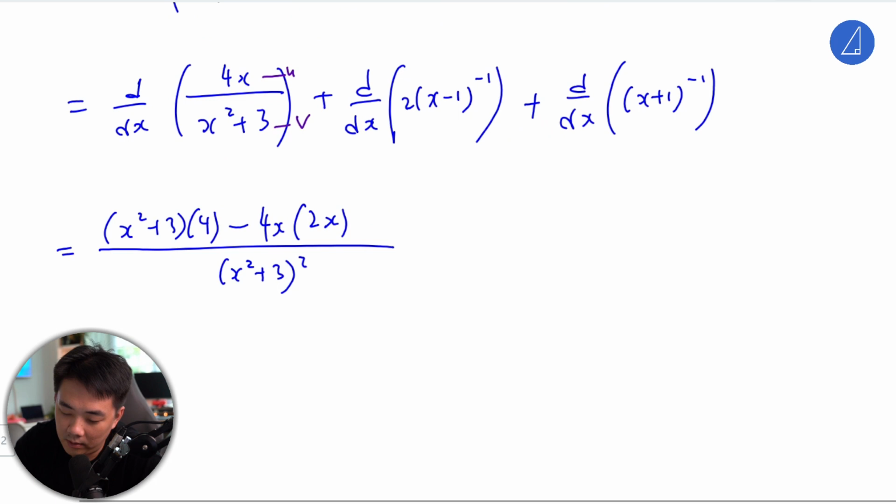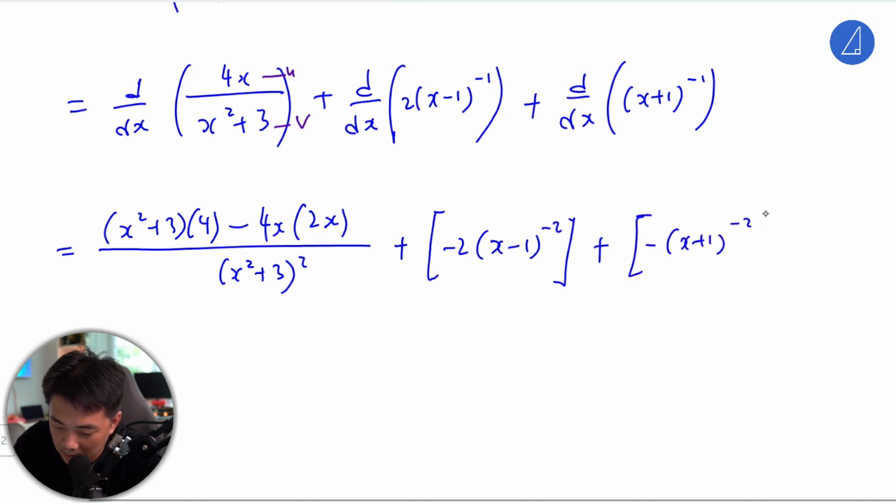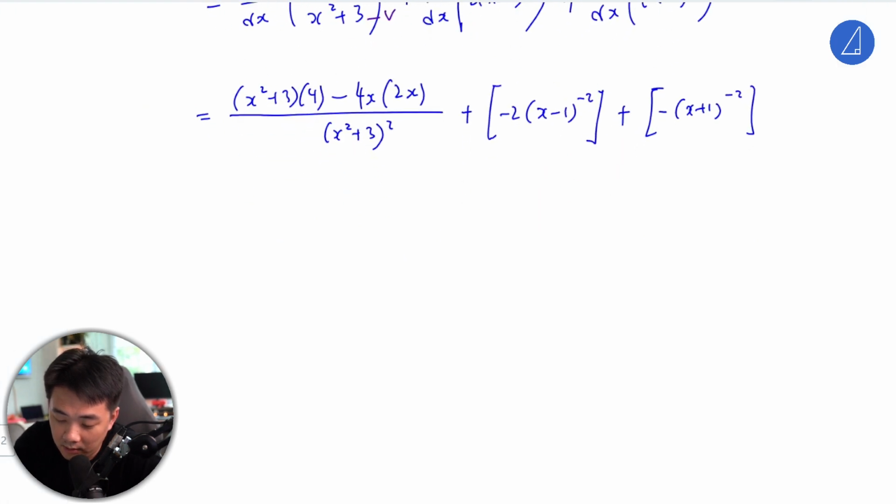Okay, so that's pretty okay. Then for the rest we have 2 minus 1 over (x plus 1), so it's just a plus. Just bracket this up. Once we've done this, we're just going to expand the rest.